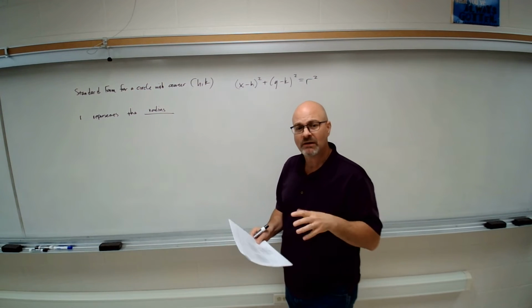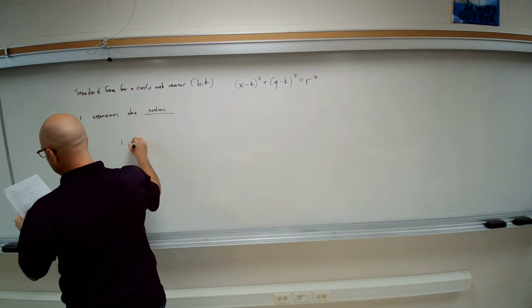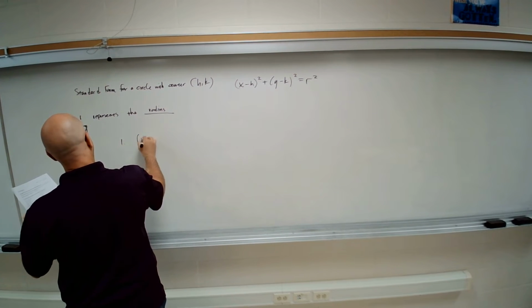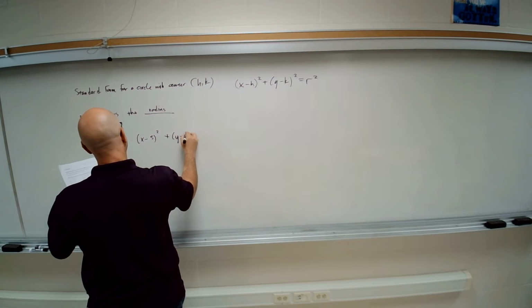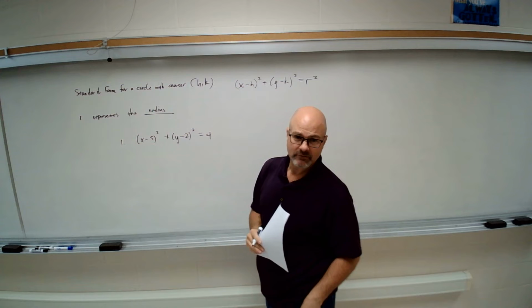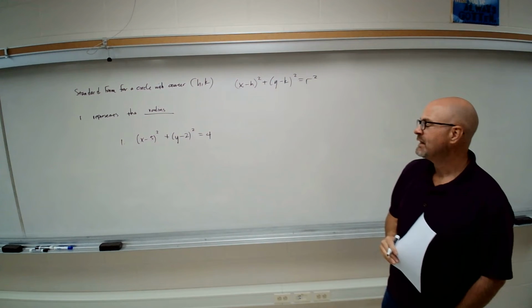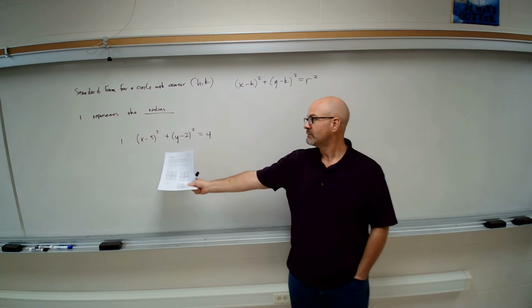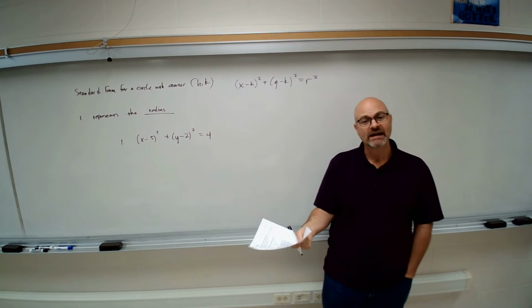So let me run through just a few of these problems on this note packet here, and I'll leave the rest for you to try. For number 1 here, we have (x - 5)^2 + (y - 2)^2 = 4. A nice equation of a circle here. Just like we saw with parabolas, the x minus shows you what h is.